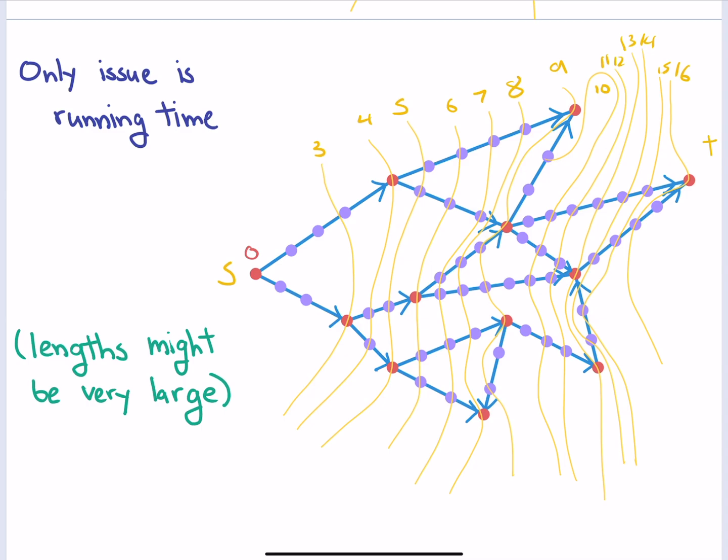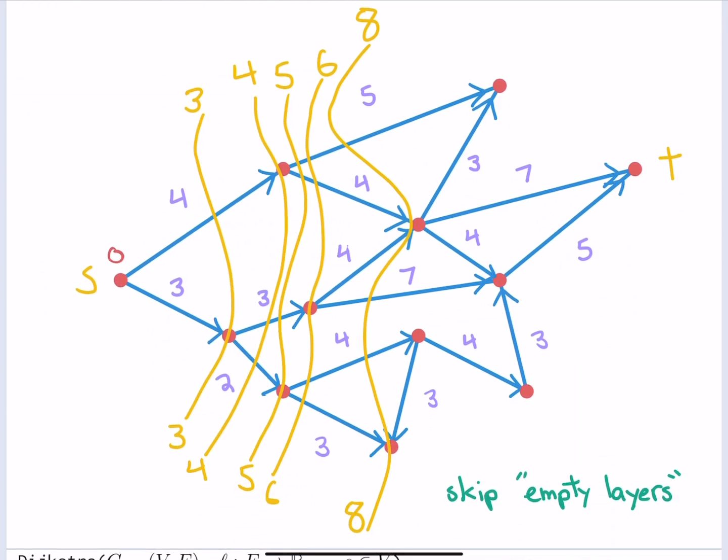If I can just figure out what the breadth first search algorithm would do, figure out the next closest real vertex and add it and skip all of those unnecessary layers, then I don't necessarily have to pay this cost proportional to the edge distances because I can skip all those silly intermediate vertices. So that's what we're going to do. We can skip the empty layers and just figure out what's the next layer I need to build out.